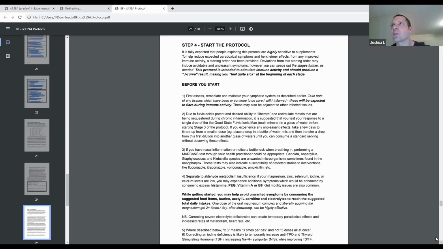So any and all of these different things are going to be unpleasant, but ultimately productive in the end. And I think a lot of people, unfortunately, because it's a natural thing to avoid pain, every single time they have an immune response, they then avoid the things that ultimately are going to help them recover.